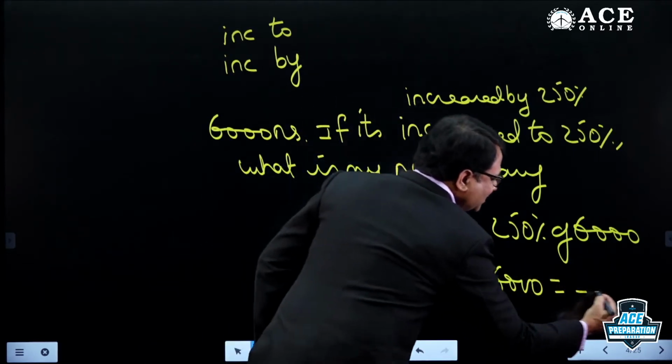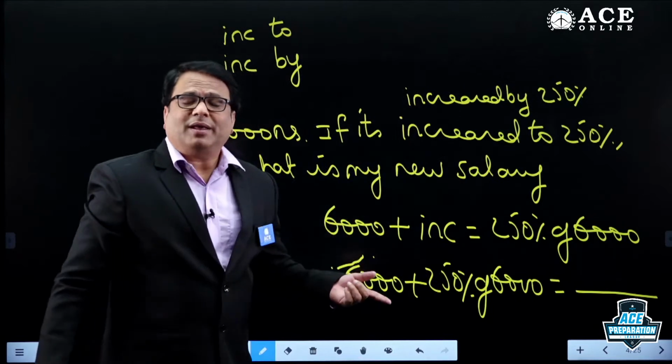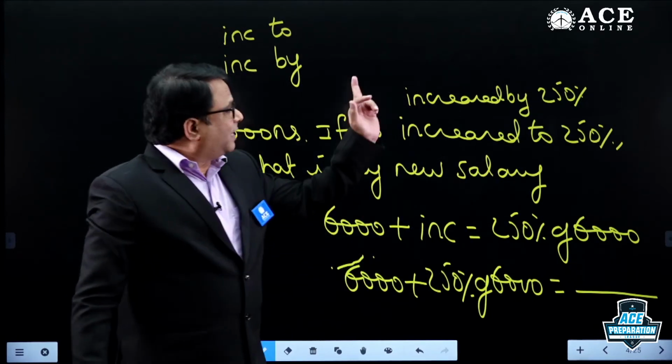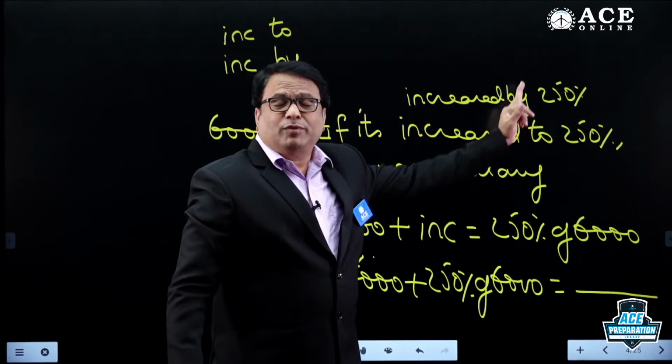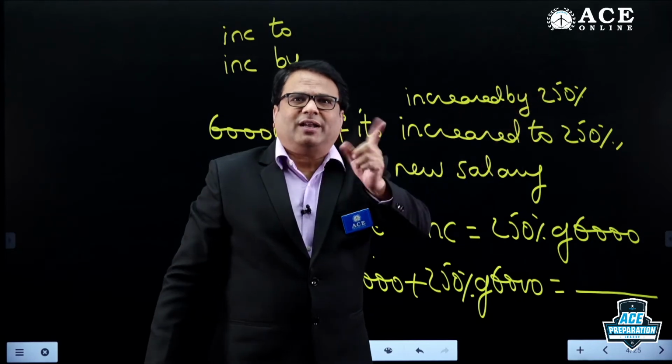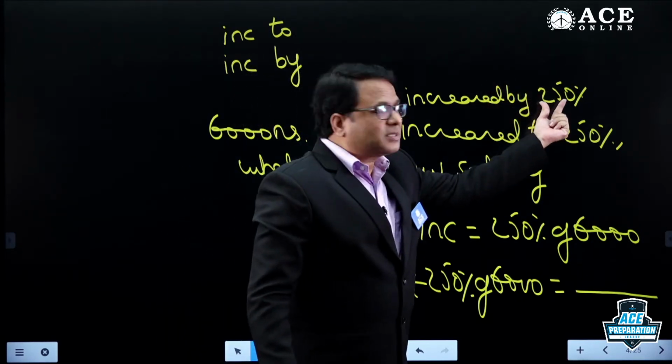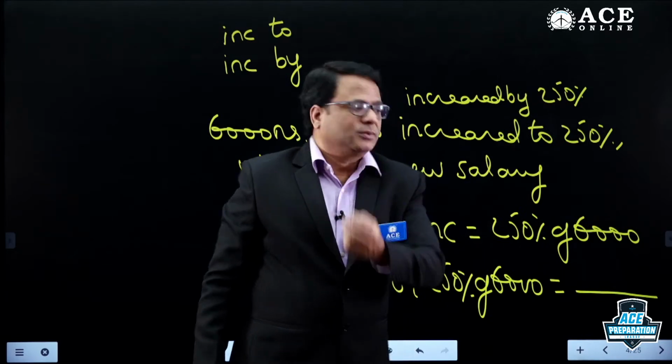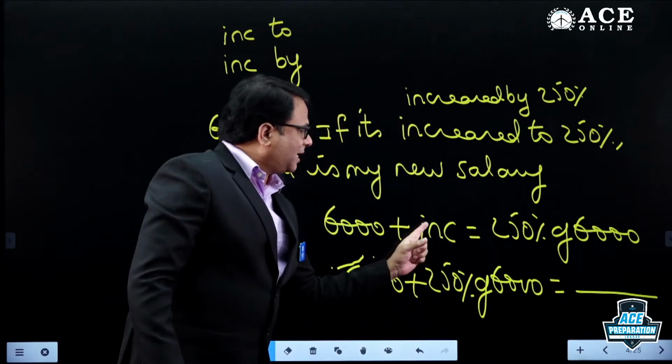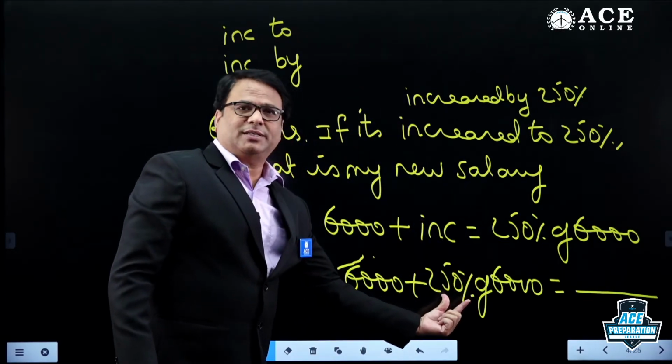If you calculate this, you will get the new number. That means when increased by is given, this 250% is not the final number. This 250% is the increased part.